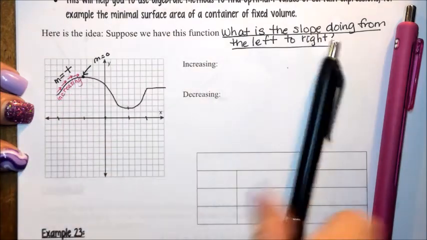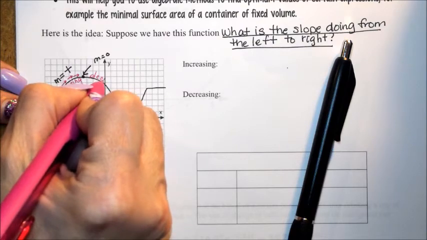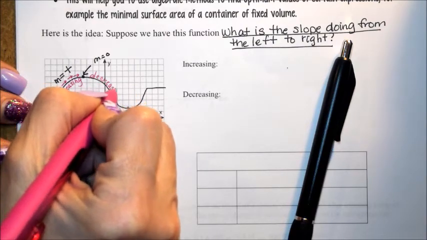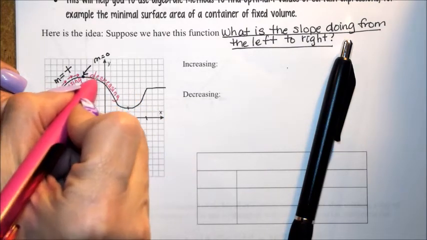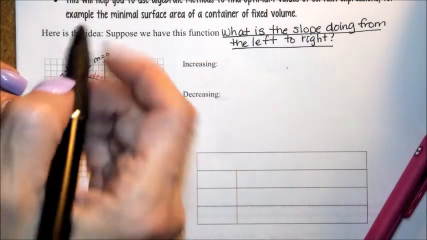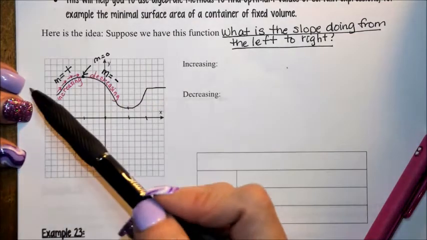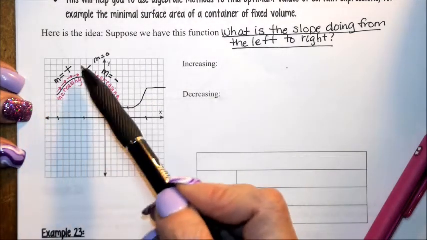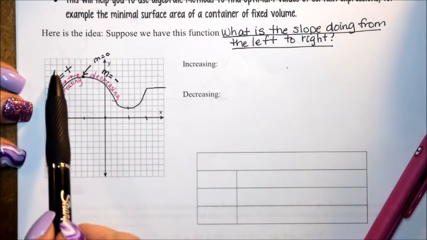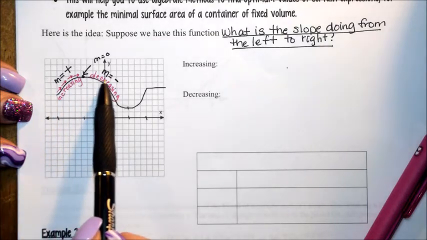And then as it comes back down, the function is decreasing. And so as the function's decreasing, what would my tangent line slope be? The slope would be negative, right? It would be negative. So it kind of makes sense. If I were to draw a tangent line, the slope would be positive. And then when I go right here, the slope would be 0 because it'd be a horizontal line.